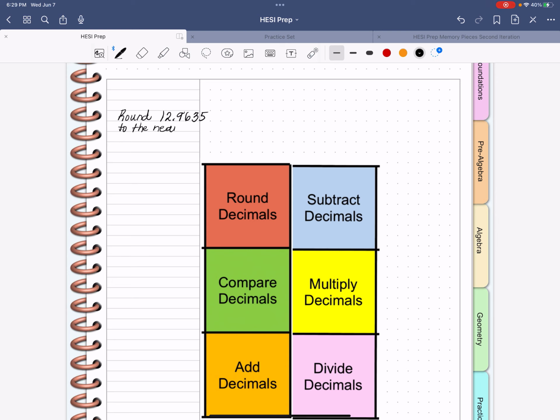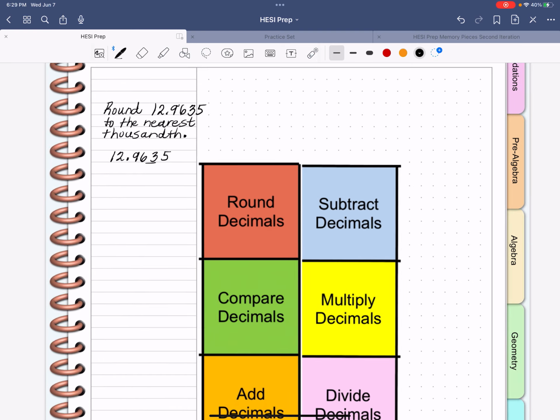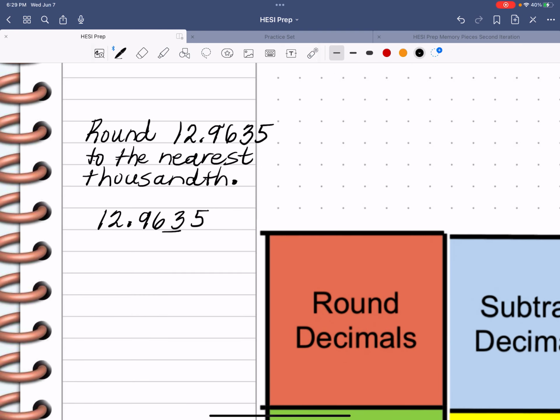So you want to underline the place that's going to be rounded. In this case, it's the thousandth place, and in that place is the number 3. So underline the place you want to round, and then look at the neighbor. If the neighbor is 5 or more, you're going to round up.